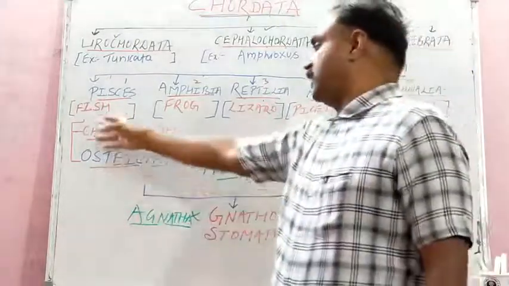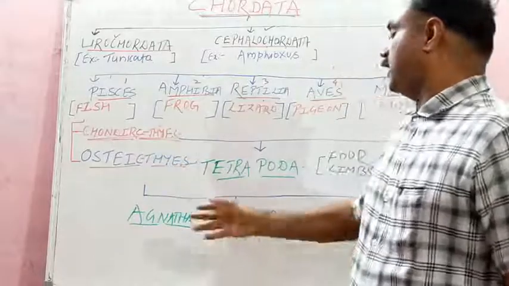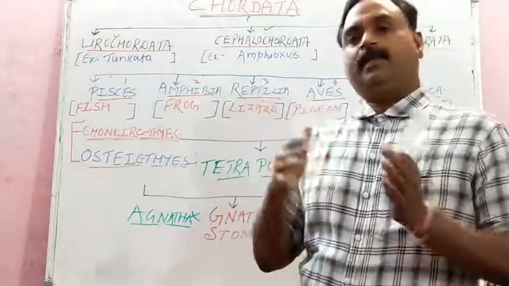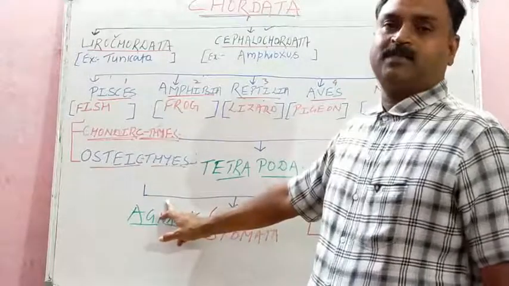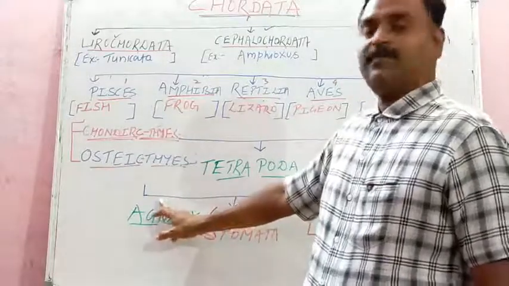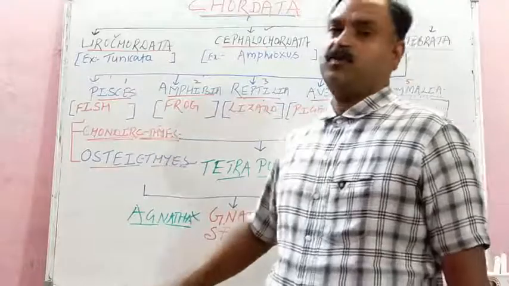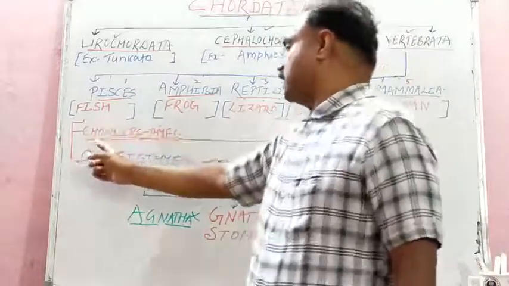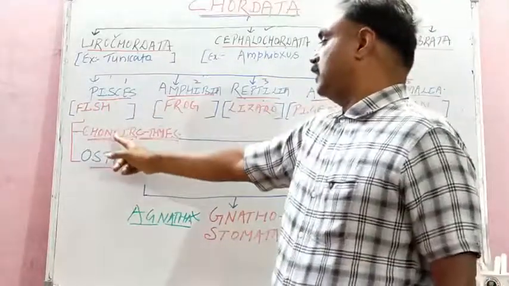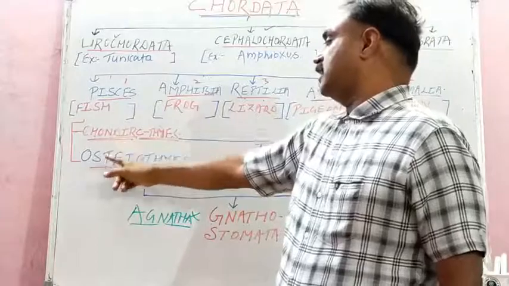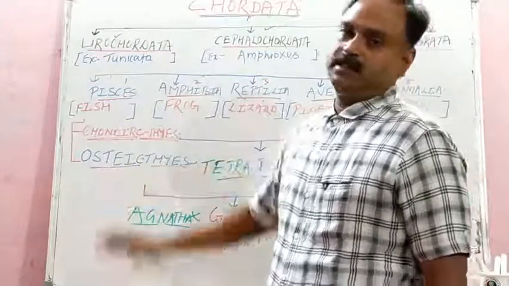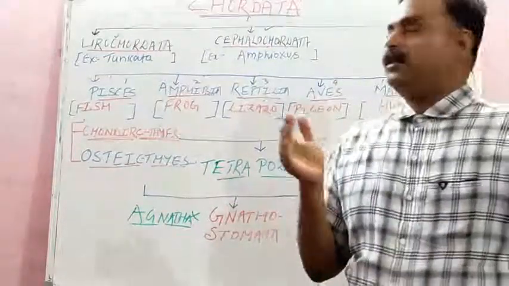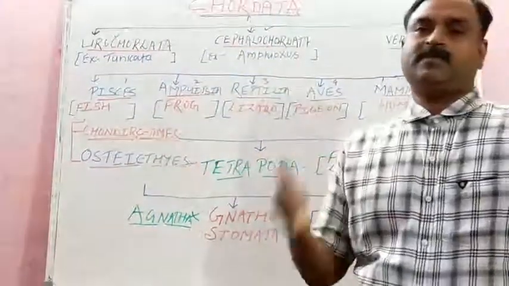Mostly Agnatha, jawless fishes, mouth without jaws, are in the fishes also. And in fishes we have to study 2 categories, cartilaginous fish, chondric fish, and bony fish, Osteichthyes. Now we will study other phyla in detail. First one will be Porifera.